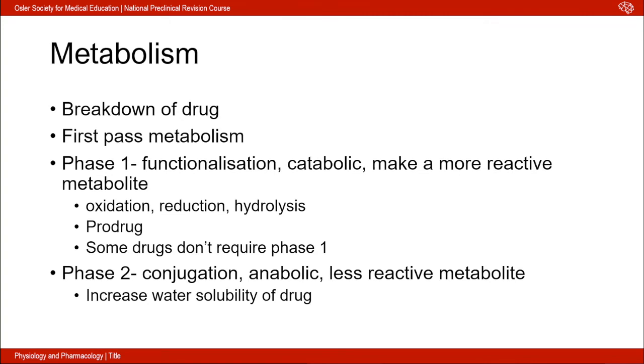And in a similar way, inhibitors such as valproate, so that's an anti-epileptic, and ciprofloxacin, which is an antibiotic, omeprazole, and things like that, will inhibit cytochrome P450, so again affect the metabolism of drugs that rely on cytochrome P450.